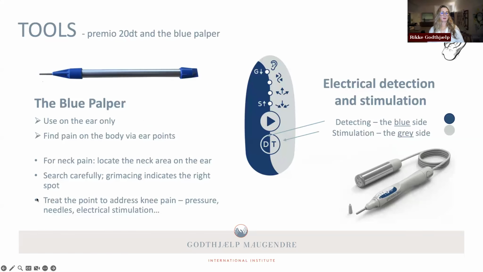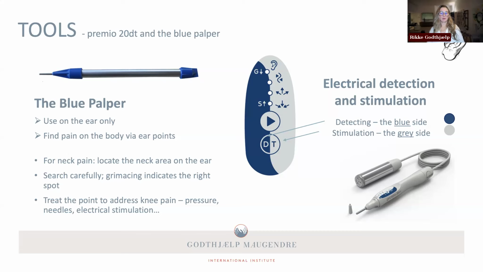So here is a little bit about the blue palper. We only use it to find pain, and we only use it on the body via the ear. So we don't use it directly on the body. We search body points, but on the ear. And when you search for a point, you can also use electrical stimulation. So we have over here the blue palper, which we use to find reflex points, and then here the electrical stimulation, where we can find functional points.